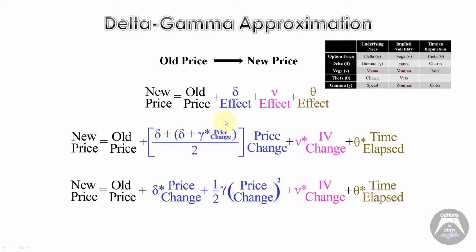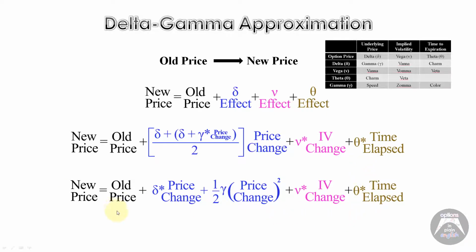We multiply price change by price change, so we have price change squared. And then take out the 1/2. And delta plus delta, 2 deltas divided by 2, is 1. That's why it's delta times the price change. And then 1/2 of gamma multiplied by the price change squared. And then vega times the change in implied volatility, and the time that has passed multiplied by theta.